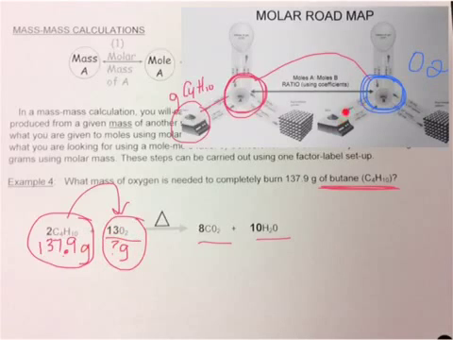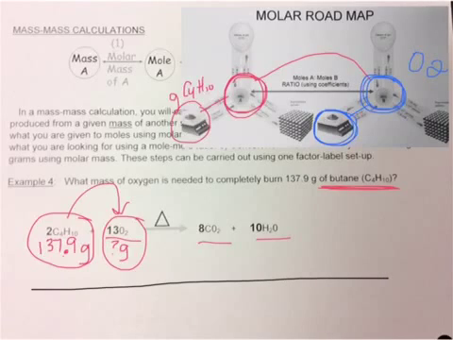So we have to go one more step down to the bottom to get grams. So now if you notice, I've got 1, 2, 3, 4 things circled on my map. That means I'm going to need 4 tracks. I'm going to have to write small.